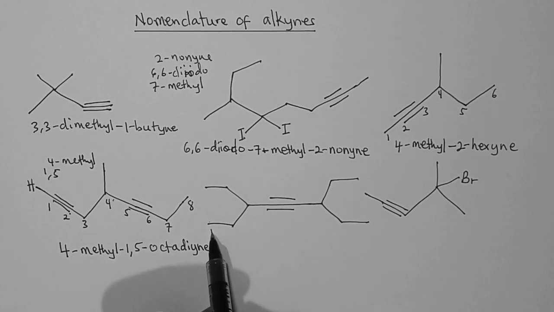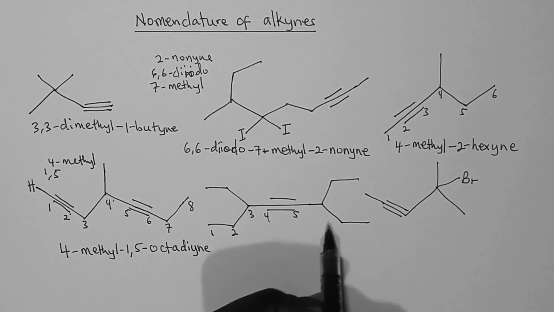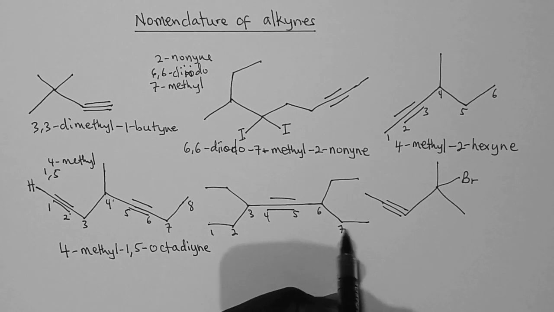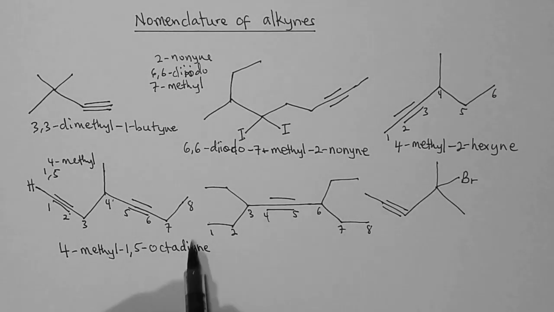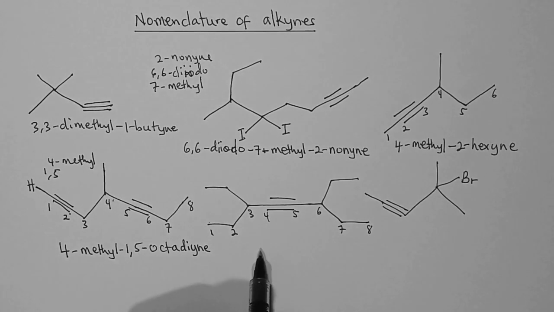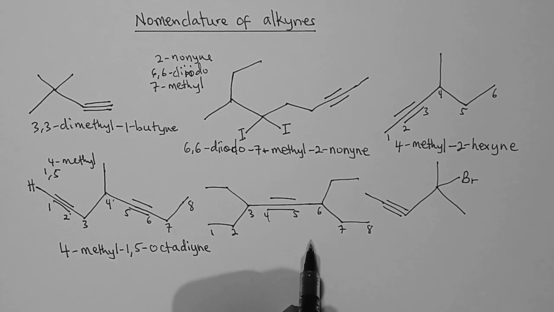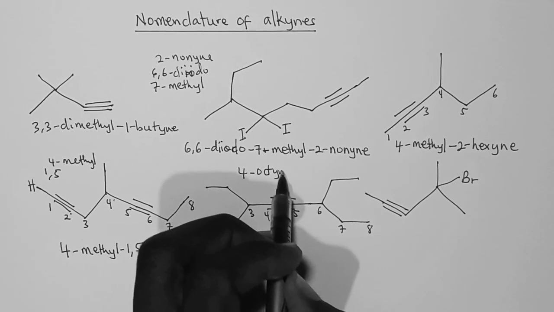So let me number them 1, 2, 3, 4, 5, 6, 7, 8. Now, if we start in the reverse order, we will get the same thing. So it doesn't matter. So we see that the triple bond is on carbon number 4. So this is a 4-octyne. So we have 4-octyne in the name.